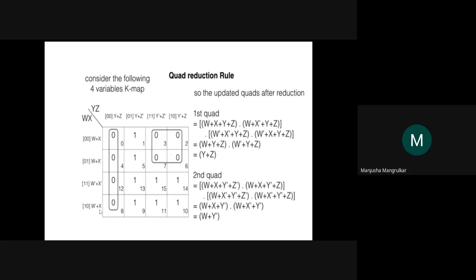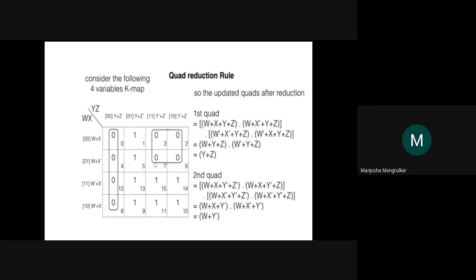We will consider only those that are constant for all the terms. So only y and z are constant for this pairing of four zeros, so the answer of this term is y plus z. Instead of using so many OR gates, only two variables result. This is how you minimize your Boolean function by using a K-map. It is the easiest method to minimize functions, right?